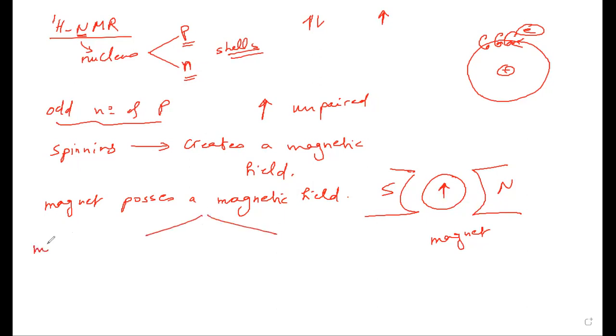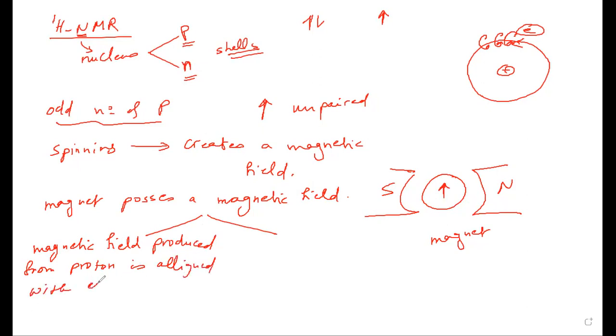Either the magnetic field produced from the proton is aligned with the external magnetic field of the magnet, or else it is opposite to it, or opposing it.